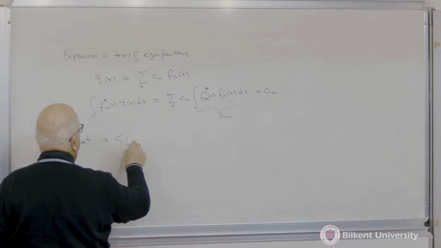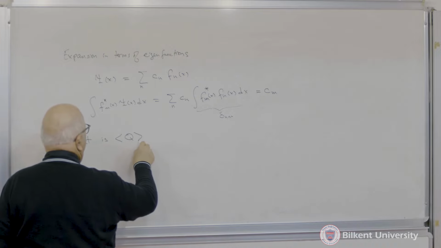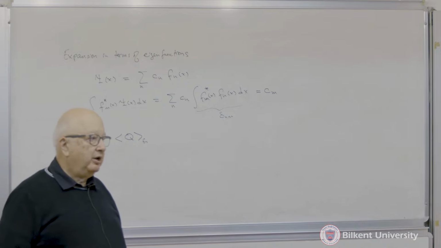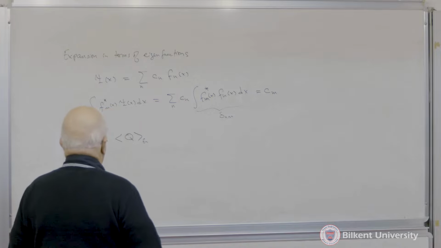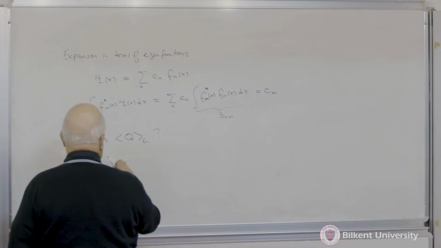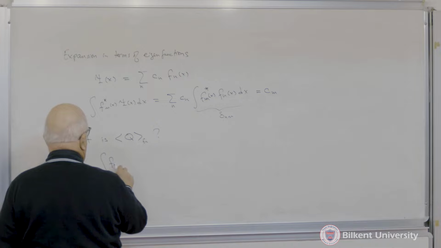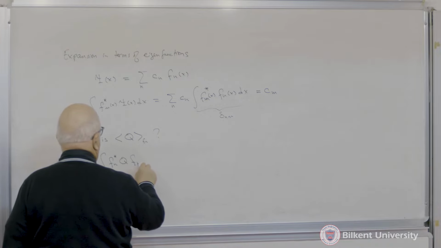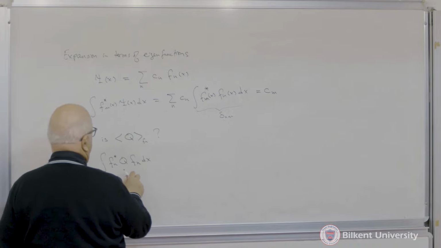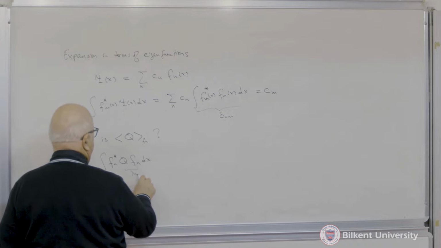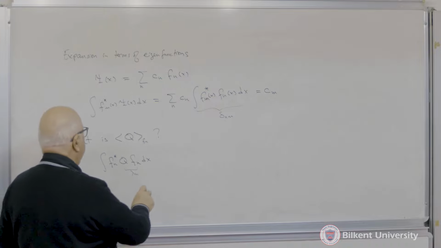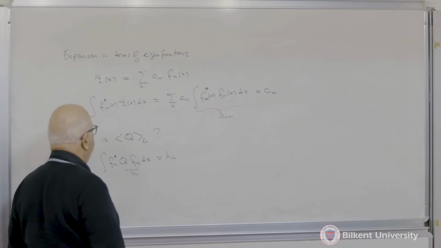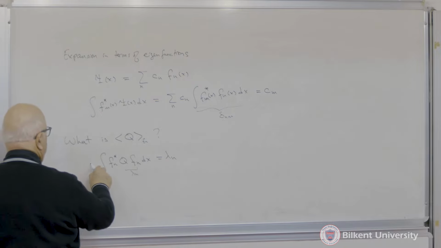What is the expectation value of Q with respect to any one of these eigenfunctions? Let's just do the algebra. Very simple. f_n star Q f_n dx. This we did earlier. This is just lambda n, right? So it's going to give me lambda n times 1.